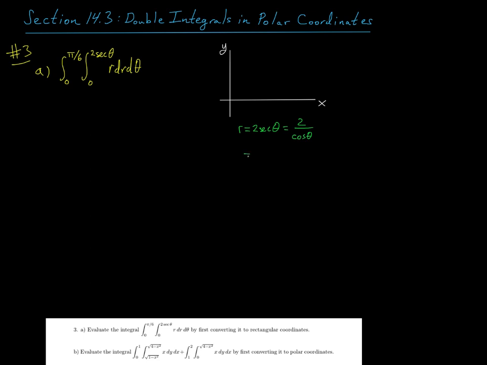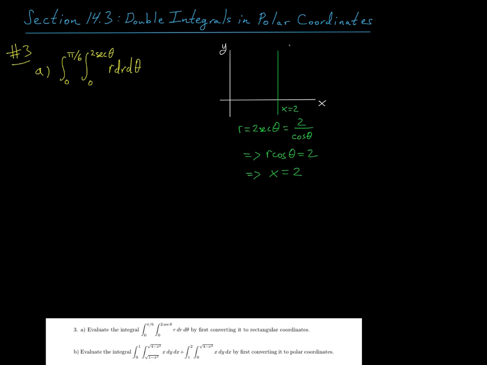And so if I multiply both sides by cosine theta, this is saying that r cosine theta is equal to 2. And in polar coordinates, r cosine theta is equivalent to just the x coordinate. So I'm saying, in fact, that this equation r equals 2 secant theta is just describing the vertical line x equals 2.